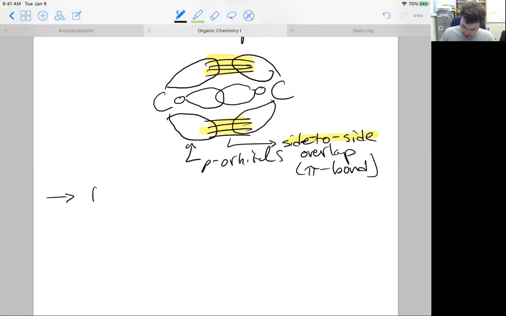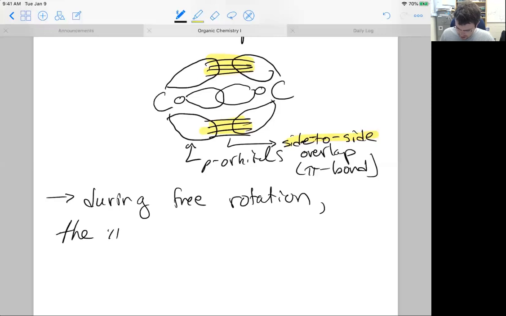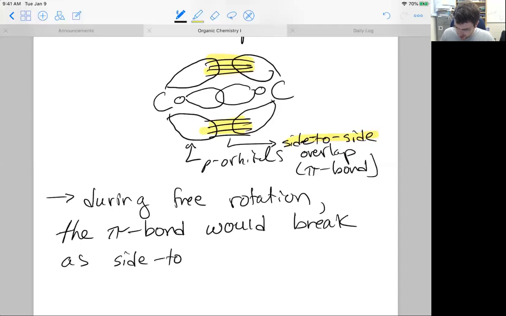So during free rotation, the pi bond would break as side-to-side overlap can't occur.